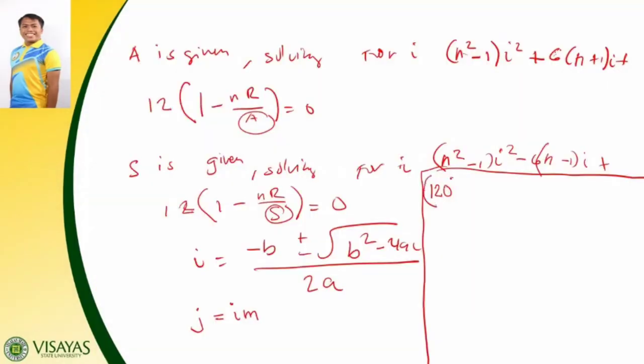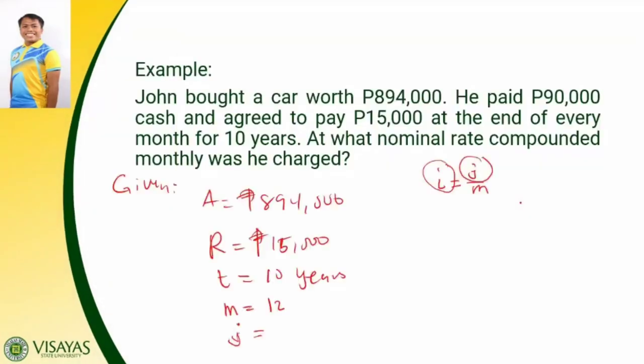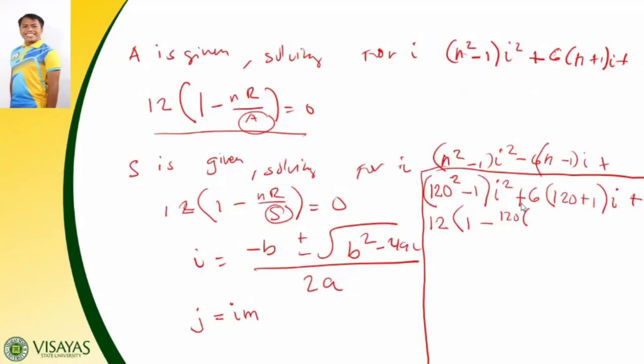Okay. 120 squared minus 1, I squared, plus 6 times 120 plus 1, I, plus 12 times 1 minus n, which is 120, times R, which is 15,000 over A. Our A is 894. Equals 0.